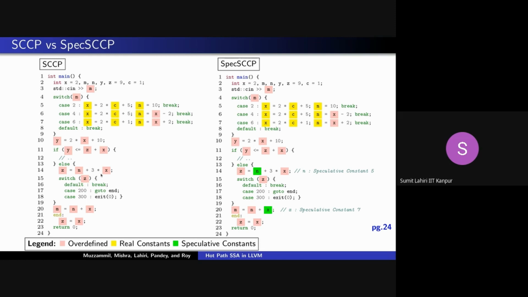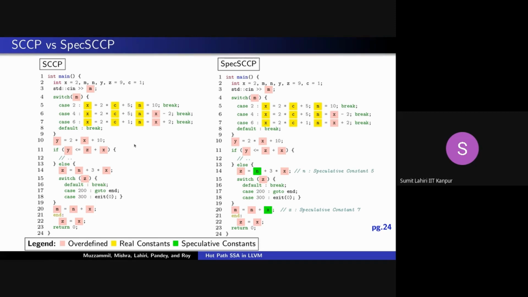On the left, we have variables marked in pink. These are overdefined, that means these are definitely not constants. We have some variables marked yellow. These are constants in the program that we know through analysis. For example, X, Z, and C are constants. N is a constant, so we could directly propagate these values.